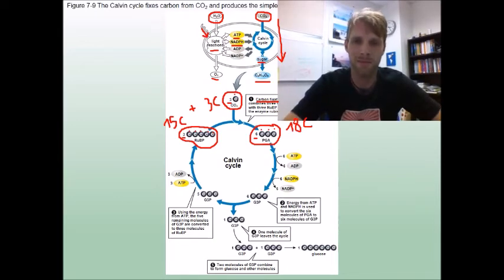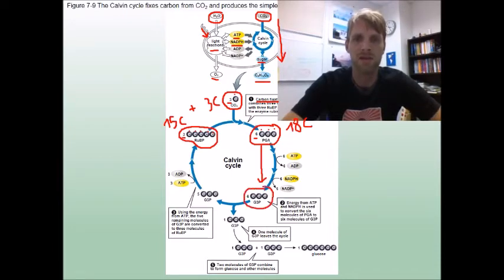In the next step, we have to invest energy because we're going to make sugar out of PGA. So PGA has to be converted into the building block of sugar. The building block of sugar in the Calvin cycle is G3P, or glyceraldehyde 3-phosphate.